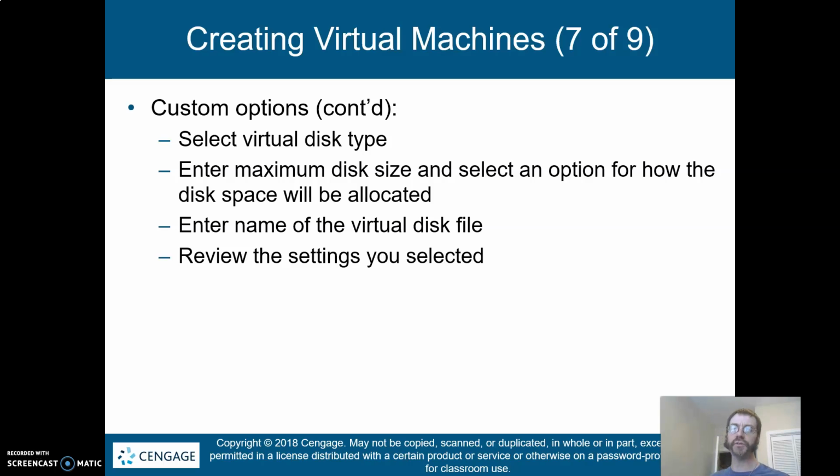You're going to enter the maximum disk size. You're going to enter the name of the disk file. Particularly if this is an extra disk, if you want to change the name of the virtual disk file, you can do that. What I advise you to do, on the other hand, is to not do that. Going back to planning, make sure that you know what you're going to do right off the bat.